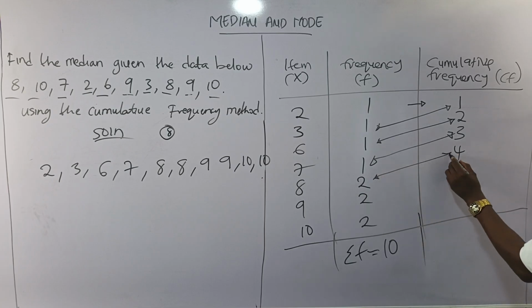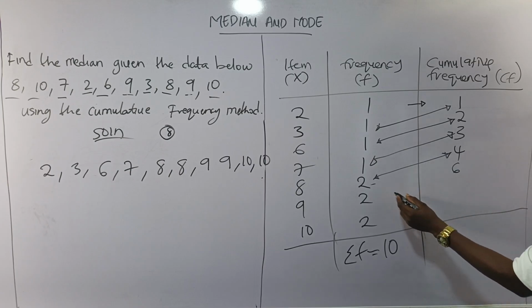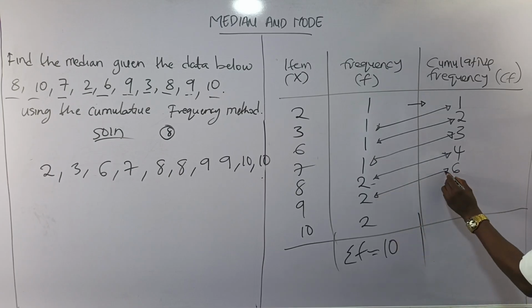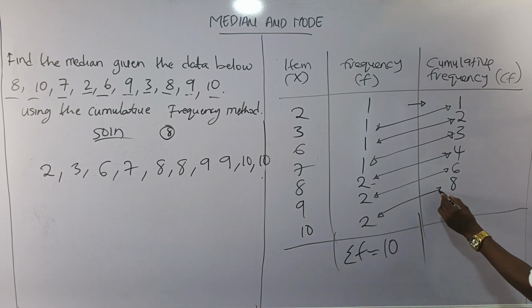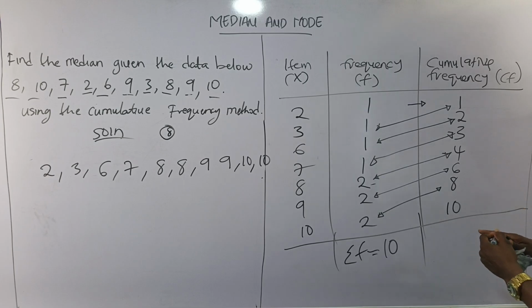And so on. This plus this will give me that of this, which is 6. And this plus this will give me that of this, which is 8. And this plus this will give me that of this, which is 10. The final cumulative frequency must equal the summation of the frequency in all scenarios. Take notes.